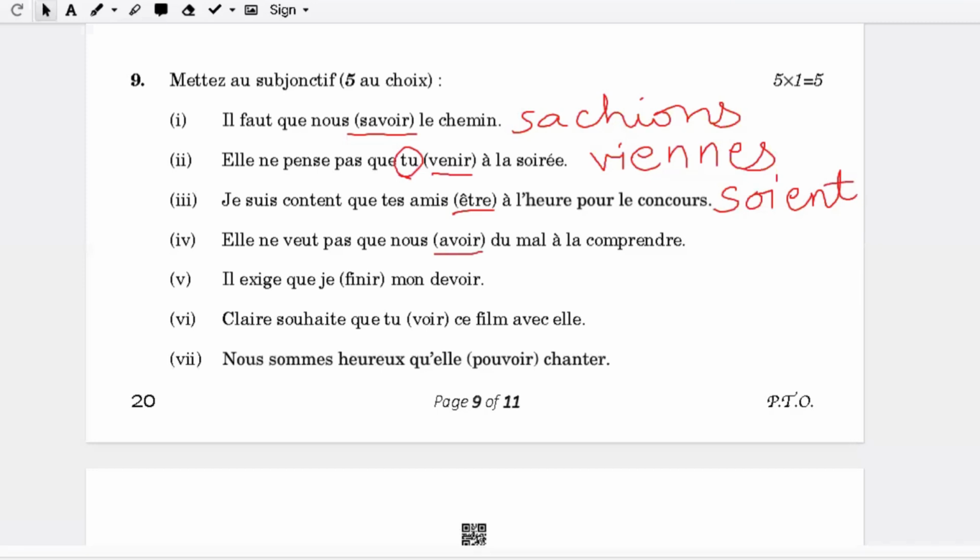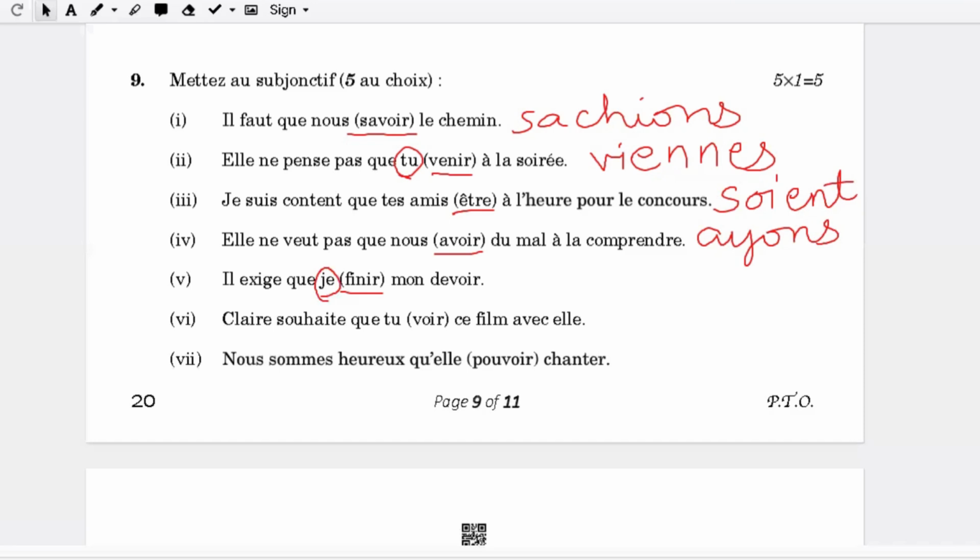Then we have the verb avoir. Do we have it in the irregular verb list? Yes. So straight away again here, nous ayons. Then we have the verb finir. Does it come in my irregular verb list? No. Do I have my subject pronoun nu and vu to be careful of?